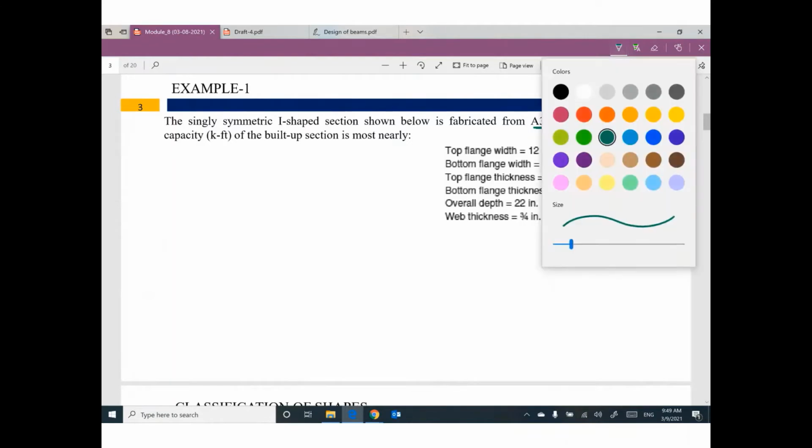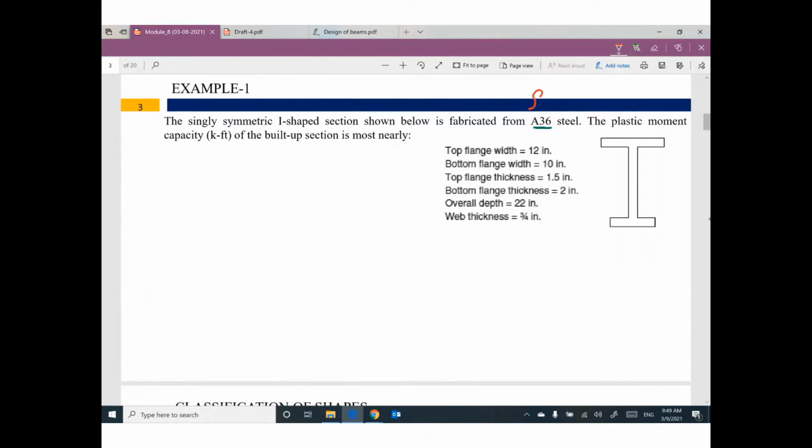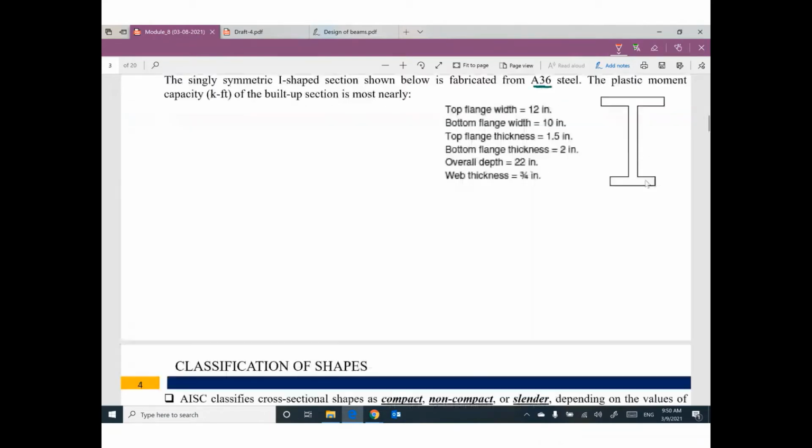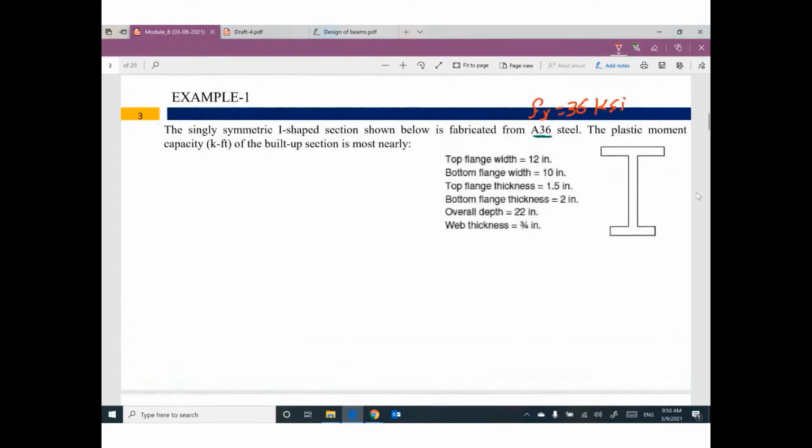From this information, I can say the yield stress for this steel equals 36 ksi. After your graduation, you have to be familiar with this information. A36 means we have a steel with yield stress equal to 36 ksi. What is the plastic moment of this cross section?